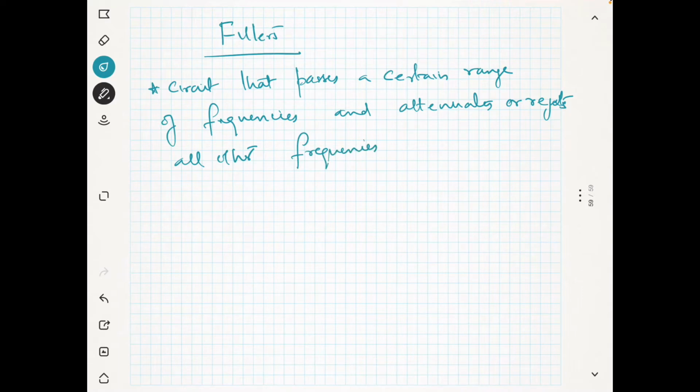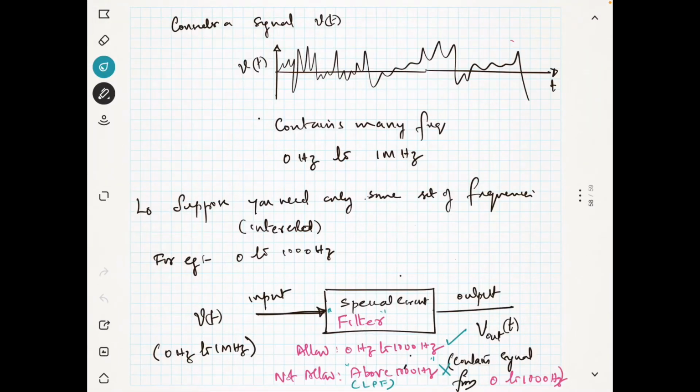Whatever we have seen now, the filter which allows the frequencies in a lower range, 0 to 1000 hertz, and does not allow what is above 1000 hertz, is a low pass filter.